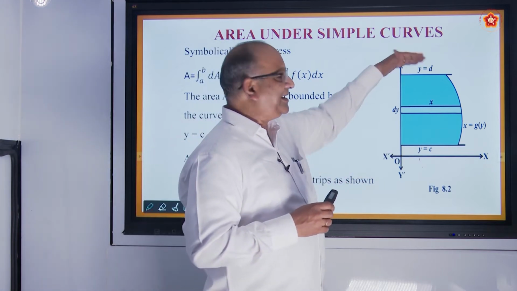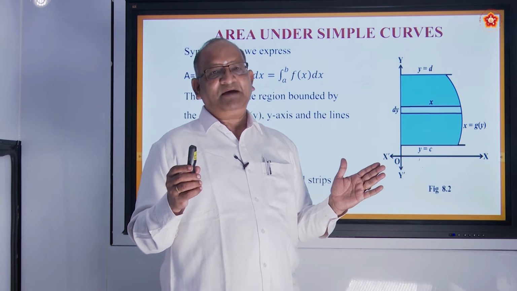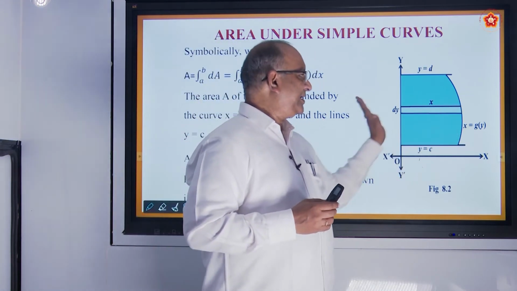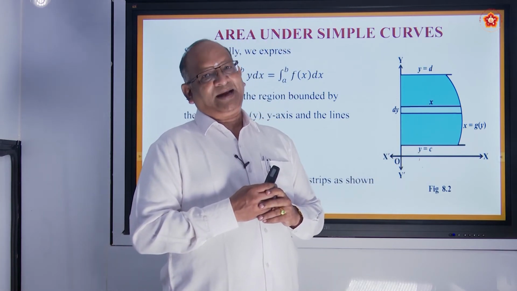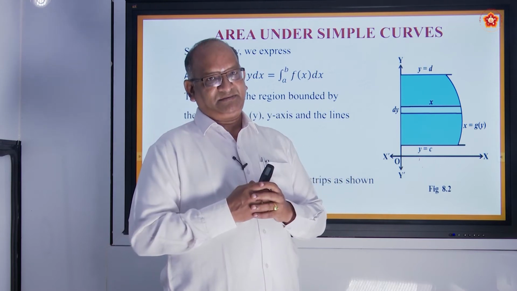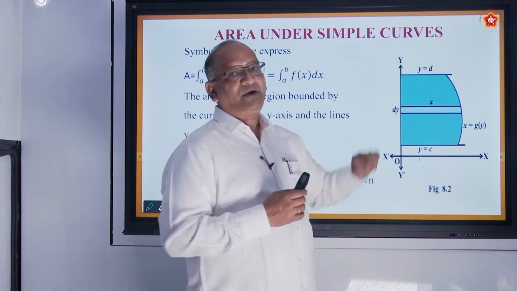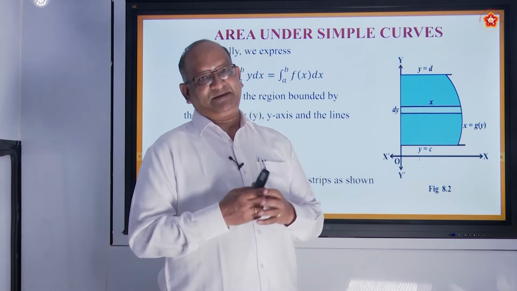Between c and d, if you add all such strips, you get the total area under the curve between the y-axis, between these two ordinates y equal to c and y equal to d. So, this also can be one of the methods.